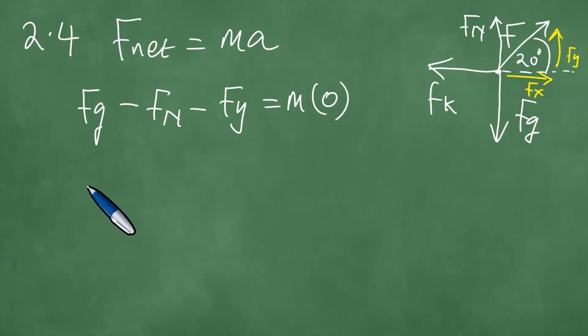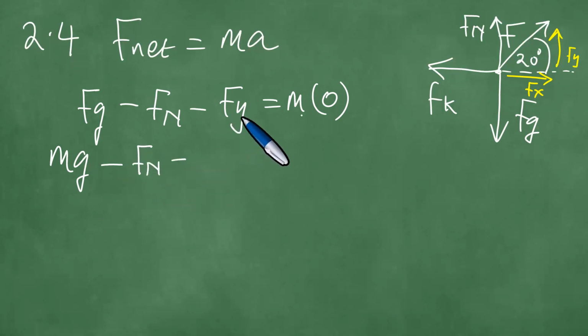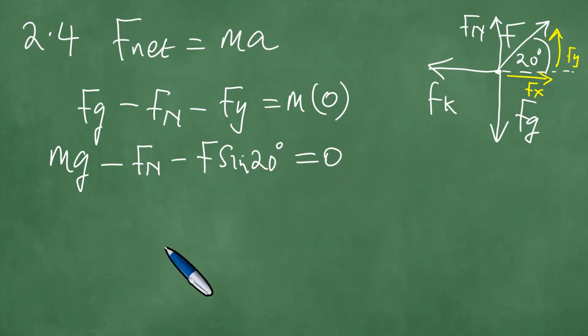And as a consequence, what this means is therefore that the force of gravity is mass times acceleration. And this F normal is what we want. The vertical component of the applied force is actually F sine of 20 degrees, which equals 0. Okay.